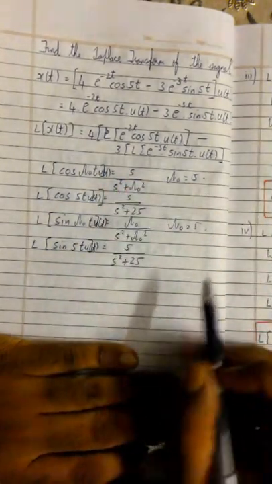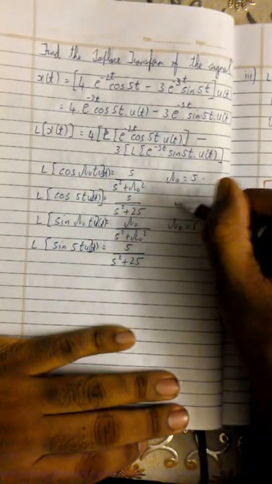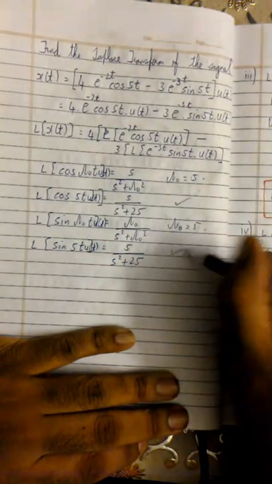Now I have found the Laplace transform of cos 5t into u of t and the Laplace transform of sin 5t into u of t.